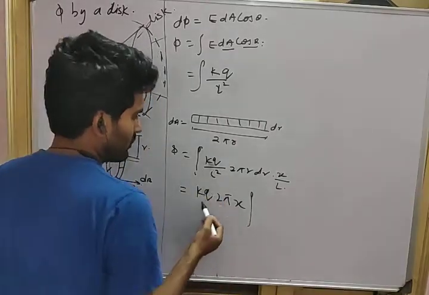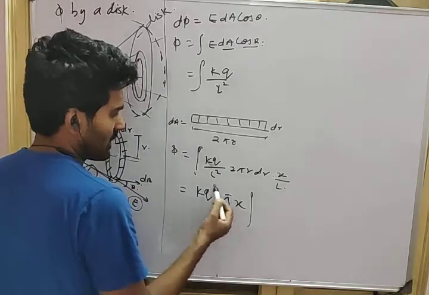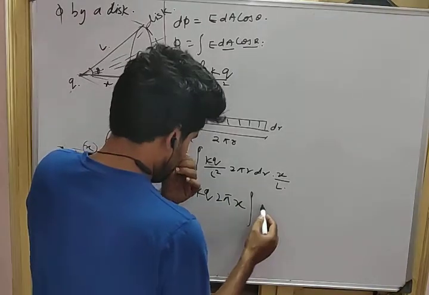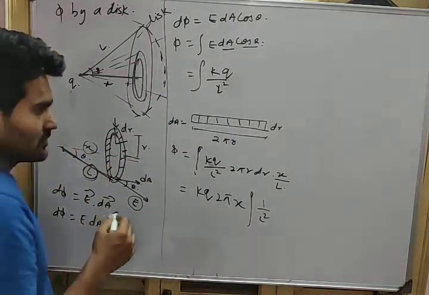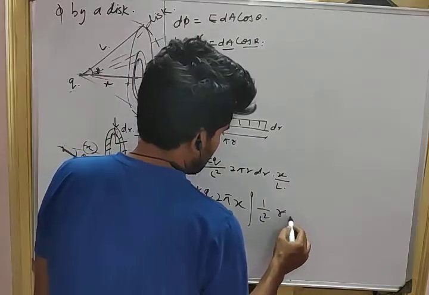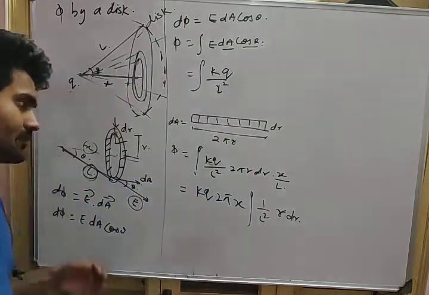So we will have 1 upon L square, times r dr, right?